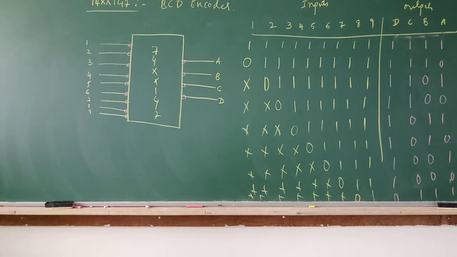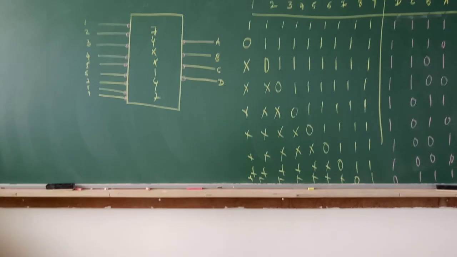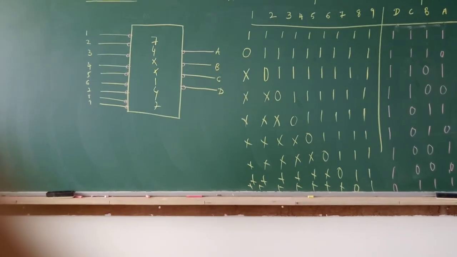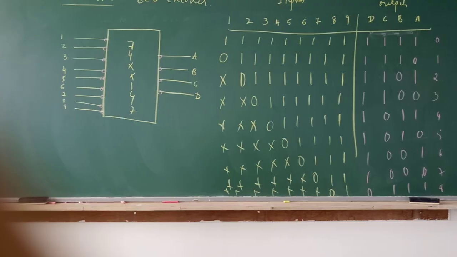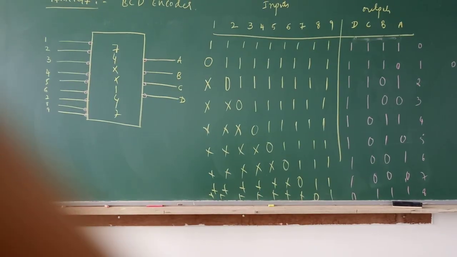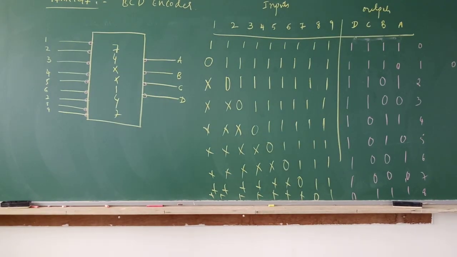And now let us discuss one application of 74XX147. So this is the truth table. So I'll write the circuit and I'll explain. Okay.